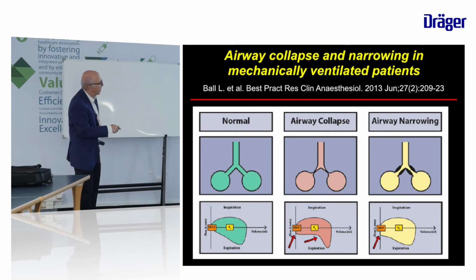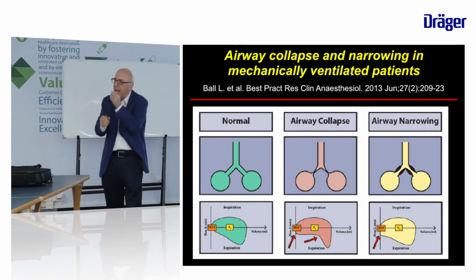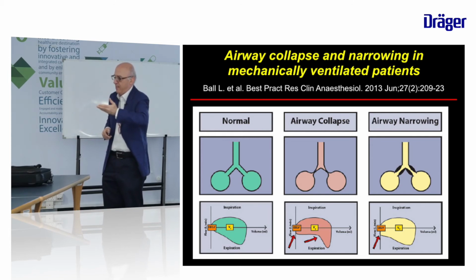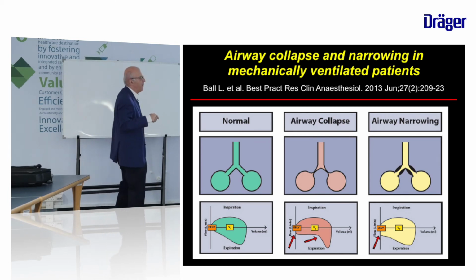So you are likely to have auto PEEP here, because you have no zero flow, and you have this kind of curve in expiration in the flow volume curve. These patients have airway collapse, so this patient likely benefits from a small amount of PEEP, even during the extubation phase, okay? Then you have another patient with airway narrowing.